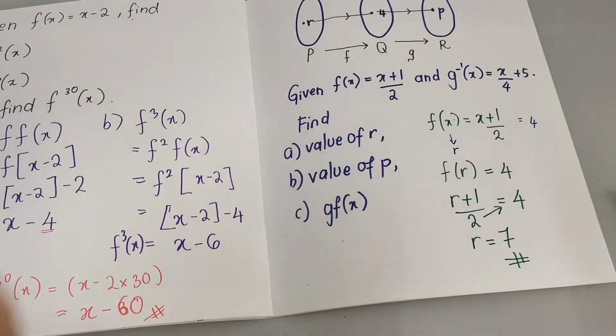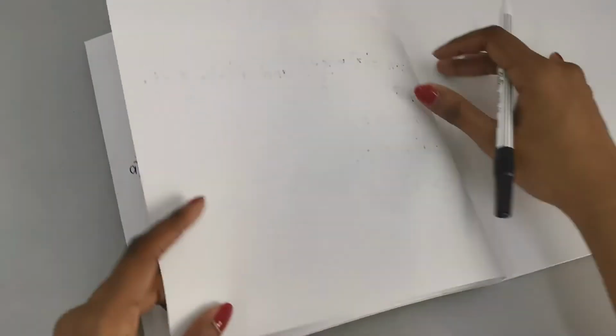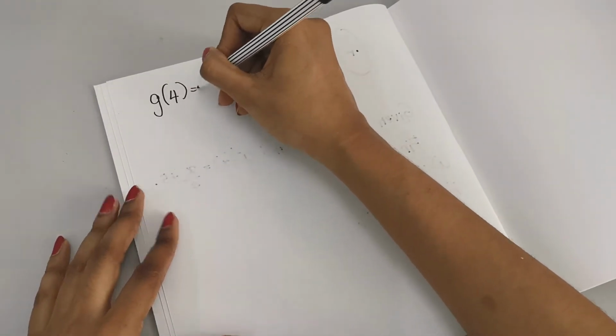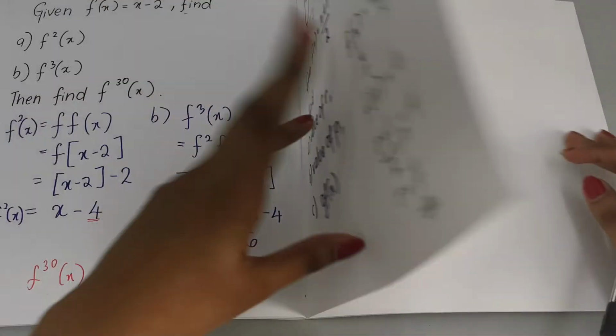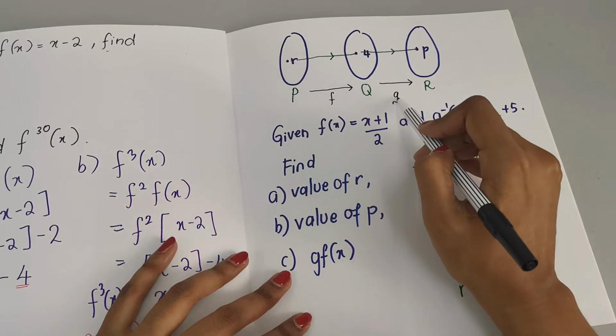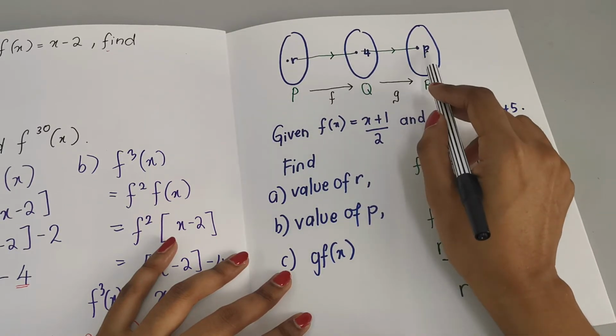To find p, we need g(4) equals p. Why is that so? Because the arrow shows to the right. So function g with the object 4 is equal to p.